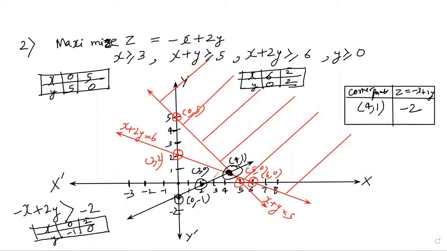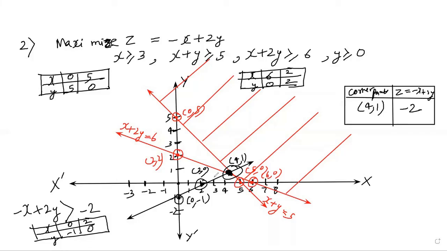Now the concept is: if the inequality that we have formed has any common point with the feasible region that we got before, that means the given function has no optimal solution.